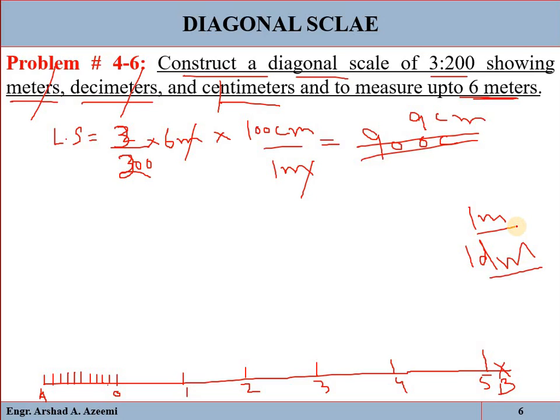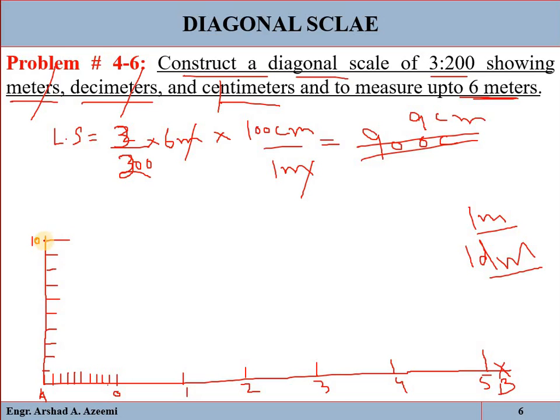Now to represent the centimeter, draw a perpendicular line of any length here, and divide this line into 10 equal parts: 1, 2, 3, 4, 5, 6, 7, 8, 9 and 10.